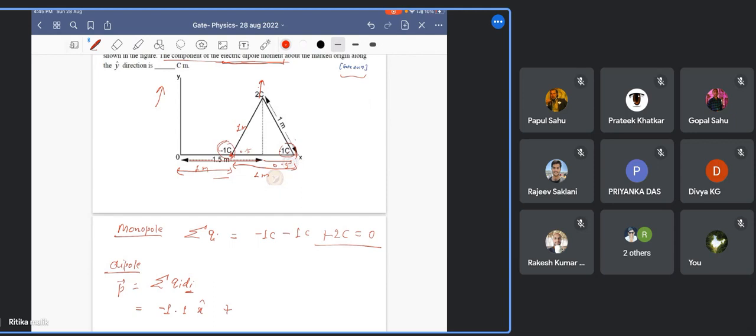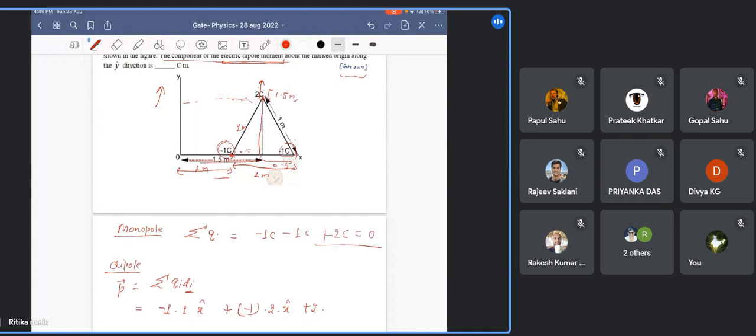And this is minus 1 coulomb charge at 1.5 meter, and in the y direction we have to know what this distance is.